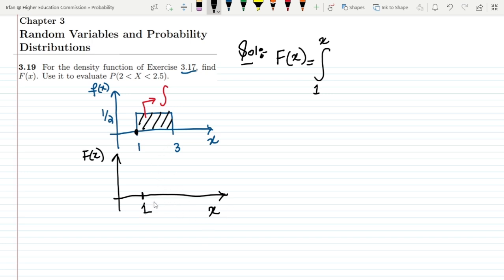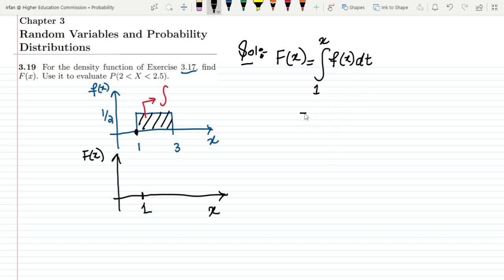This x can be of any value. It can be 1.2, 1.3 up till any other value. So this is that x, and here I have to use this f of t, and integrate it with respect to dt.